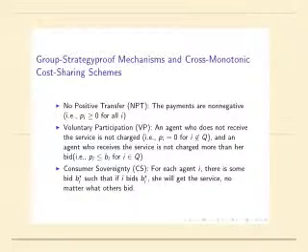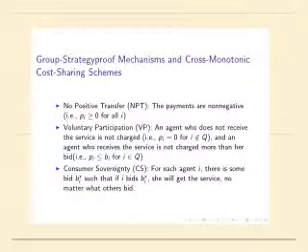We assume that a mechanism satisfies the following conditions. No positive transfer, NPT: the payments are non-negative, that is, p_i is greater than or equal to 0 for all i.